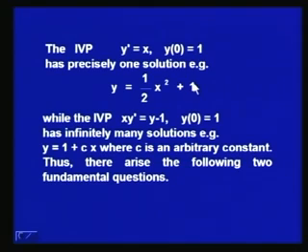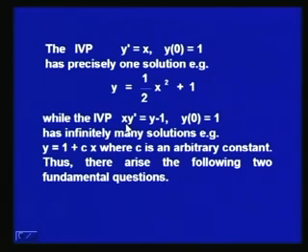The value of c we can find using the initial condition y at 0 equal to 1. It will turn out that the value of c is 1, and therefore y equal to half x square plus 1 is the solution of the given initial value problem. So the given initial value problem has precisely one solution.